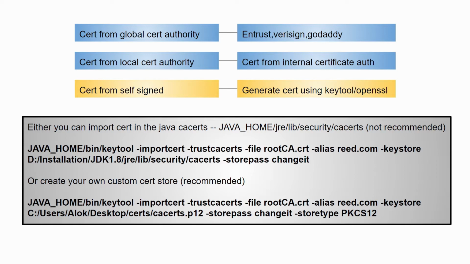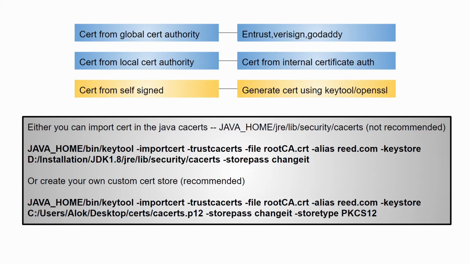You might have got this certificate from some global certificate authority, or from a local certificate authority, or it might be a self-signed certificate. So there would be three cases. When it is from a global certificate authority, it might be from Entrust, VeriSign, GoDaddy, Google, or someone else.